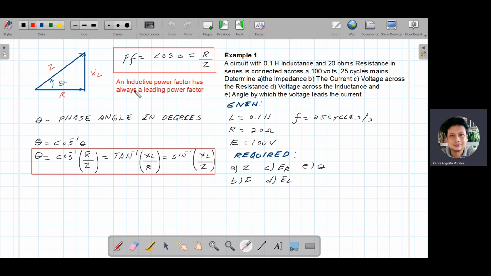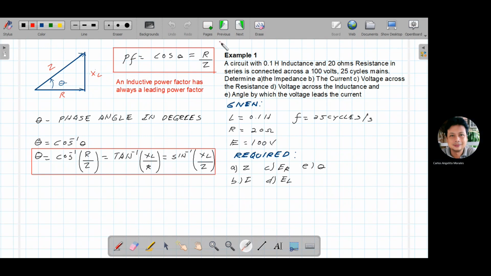Dito sa circuit na pinapaliwanag ko, sabi niya, an inductive power factor has always a lagging power factor. Paulit-ulit yung sinasabi niyan. Yung theta, ito, phase angle in degrees. So, kung gusto mo makuha yung angle na to, kunin mo yung arc cosine ng R over Z. So, theta is arc cosine ng R over Z, or arc tangent ng XL over R, or arc sine ng XL over Z.